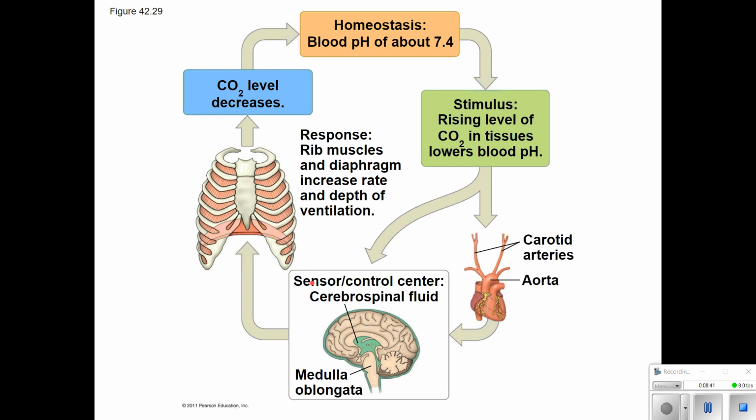By doing those two things, we're able to take in more oxygen, eliminate more CO2, which lowers the CO2 level in our blood and raises our pH back up to 7.4, which is normal homeostasis. This is really important for our body because we need to maintain homeostasis at all times, and our circulatory system and our respiratory system help us do that.